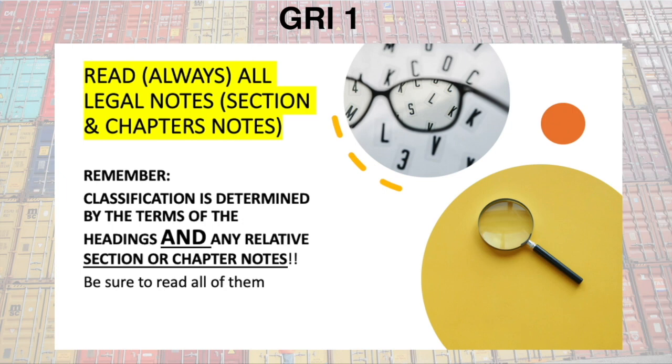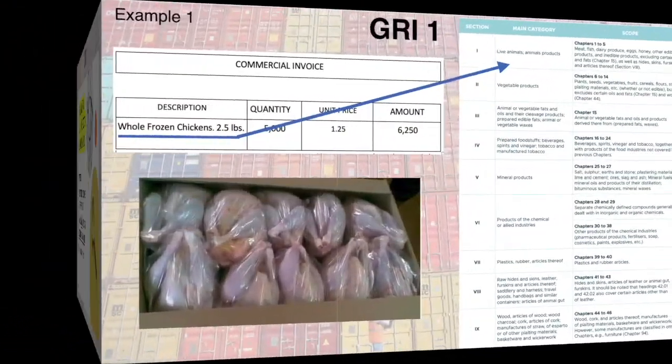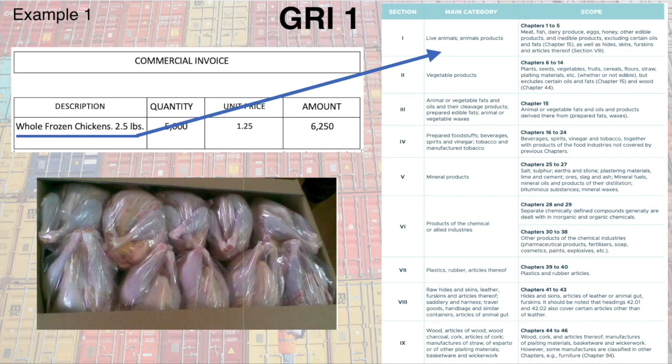Well, now let's see some examples of the application of rule number 1. Here we have a commercial invoice that says frozen chickens. We will use the text of the heading to find the heading that corresponds to whole frozen chicken.